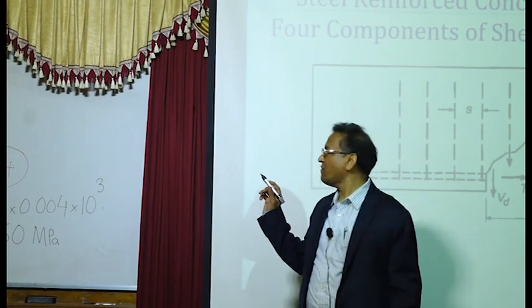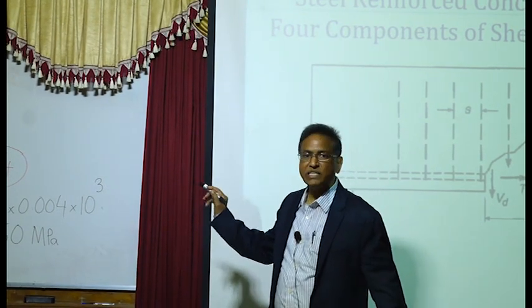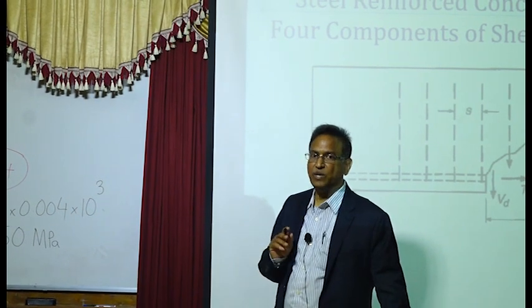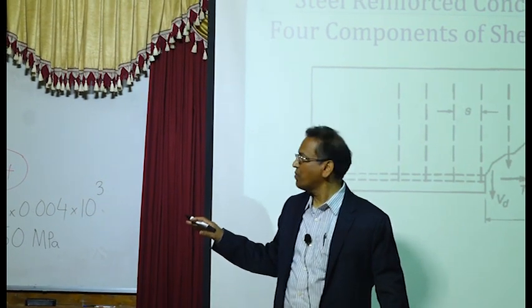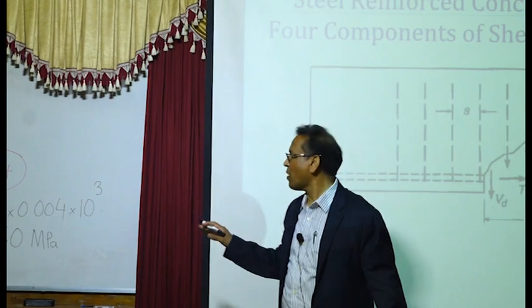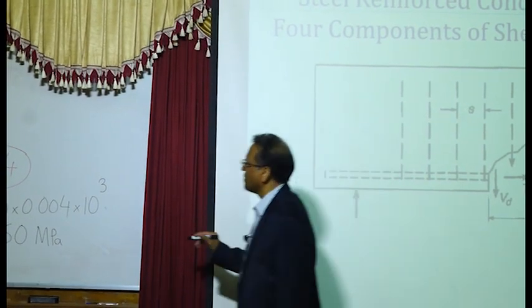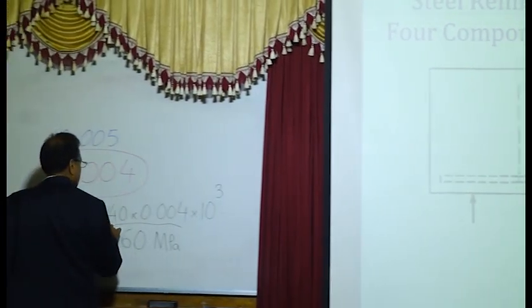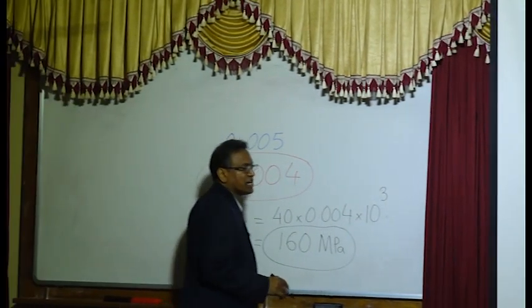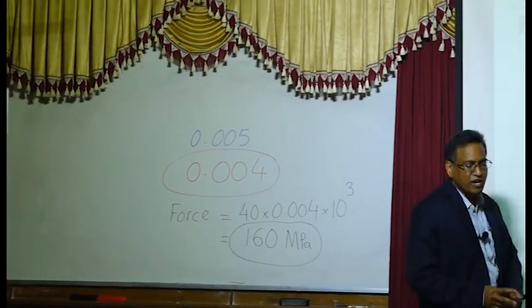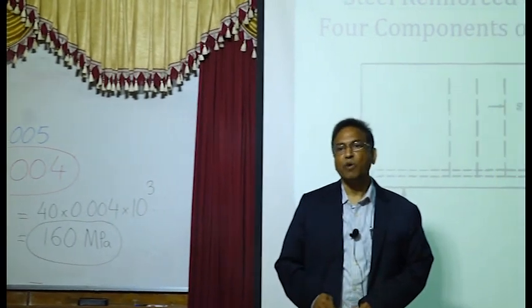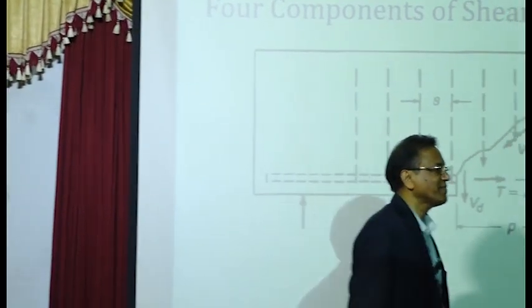As long as you address all these limitations, you can design your FRP reinforced beams, no problem. But this is a big limitation, and because of this, the shear capacity of FRP reinforced beams is very small.